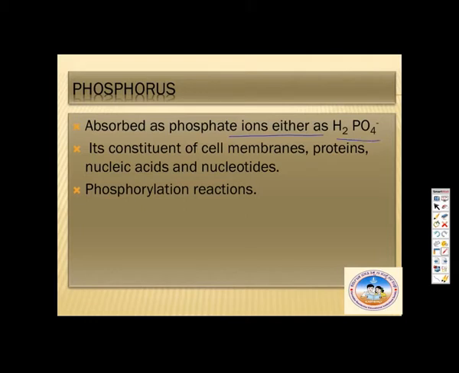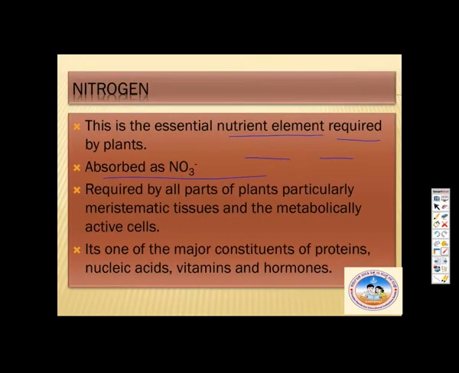Whereas for nitrogen, I repeat again, it is proteins, nucleic acids, vitamins, and hormones. And in phosphorus it is cell membranes, proteins, nucleic acids, and nucleotides.